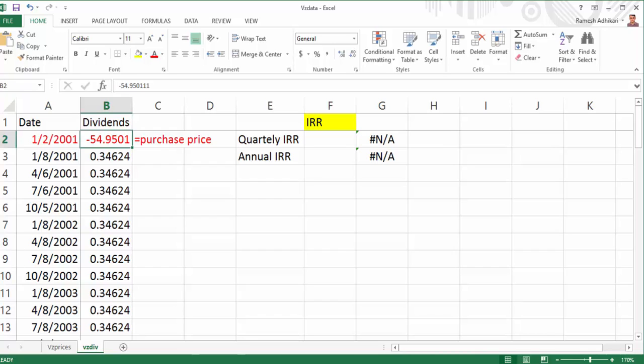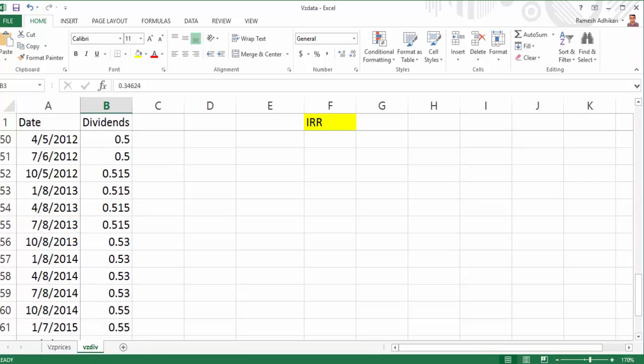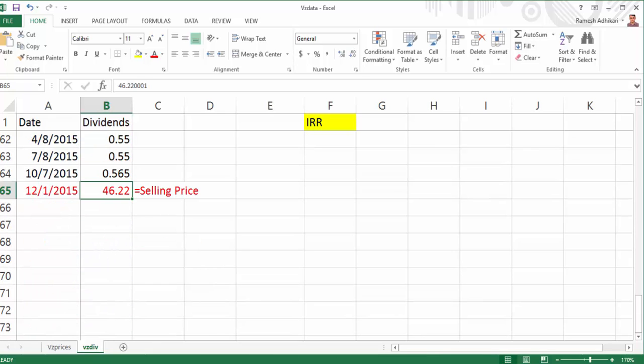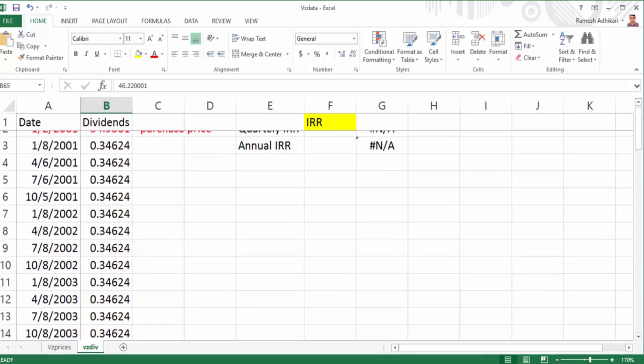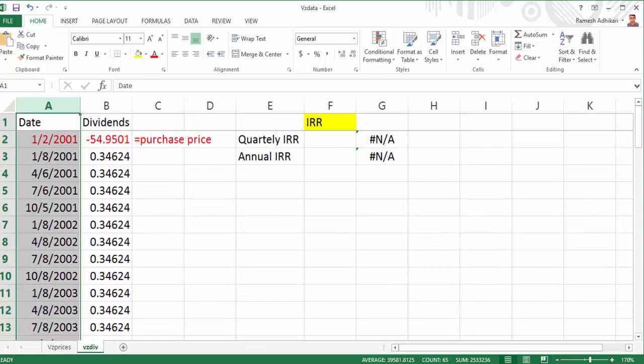I have the purchase price as a negative because that's a cash outflow, money going away from you, and all the dividends coming to the stockholder are positive, as well as the price you get by selling the stock. So you have all the cash flows here, and you have the dates, because these cash flows are at different time periods.